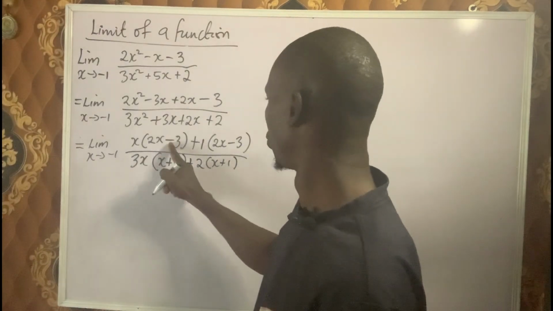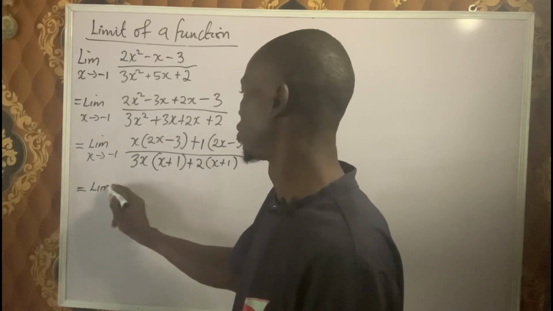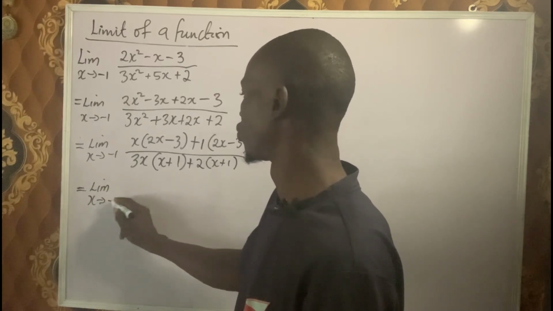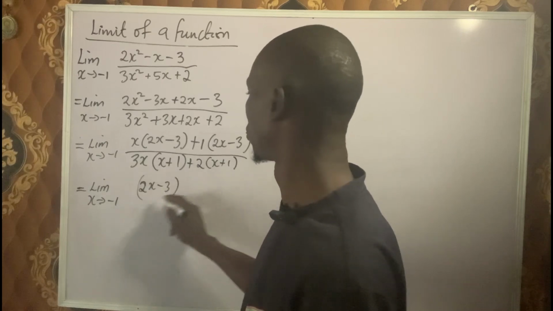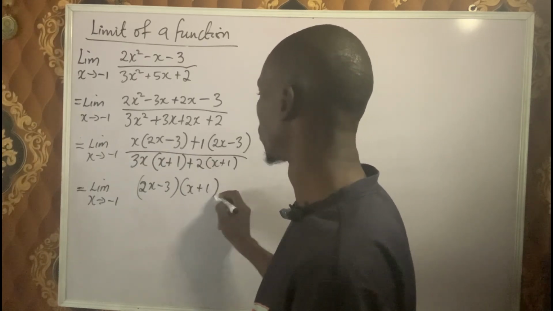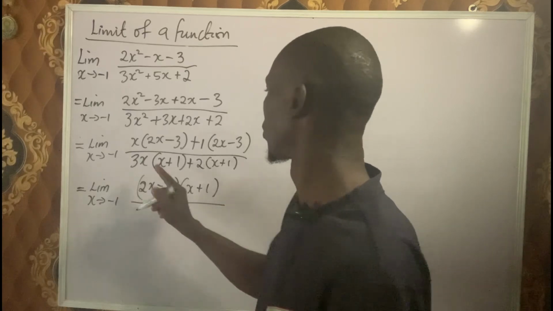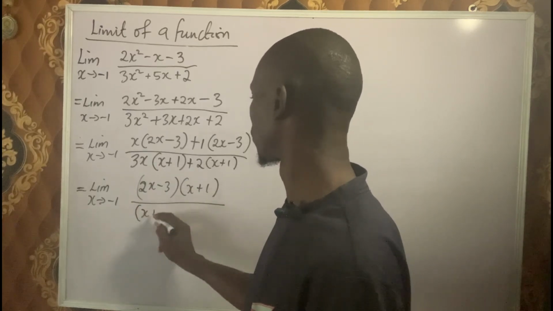So now 2x minus 3 is a common factor. So I have limit as x tends to minus 1, 2x minus 3 out. What is remaining is x plus 1 all over, yeah, x plus 1 is common.